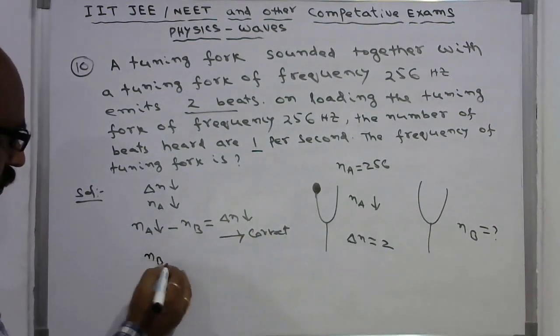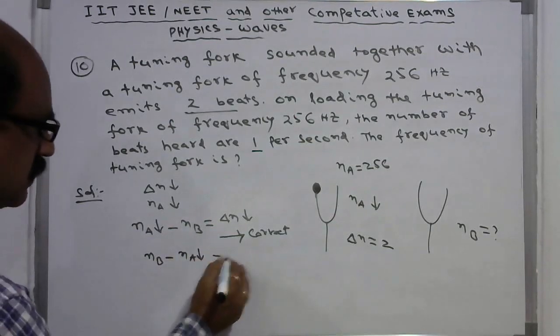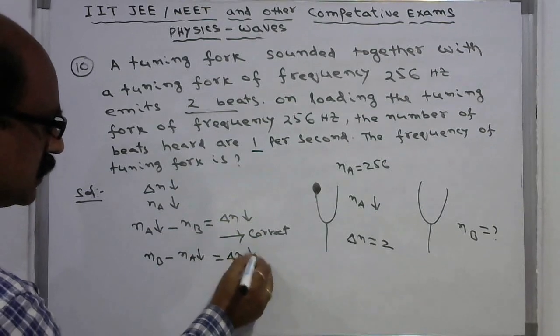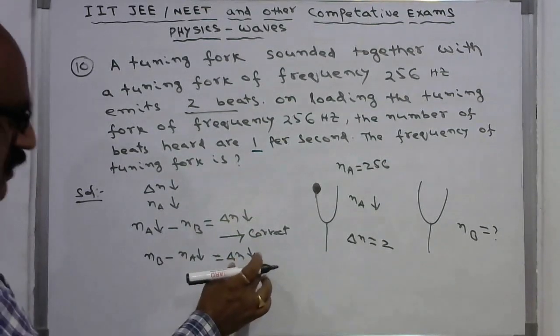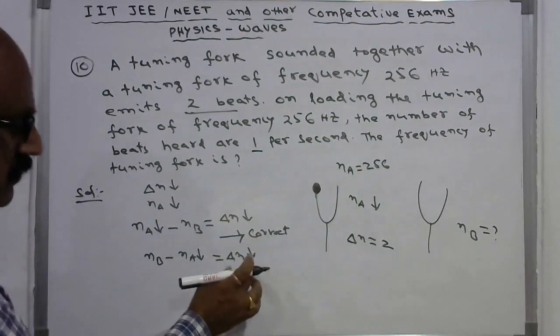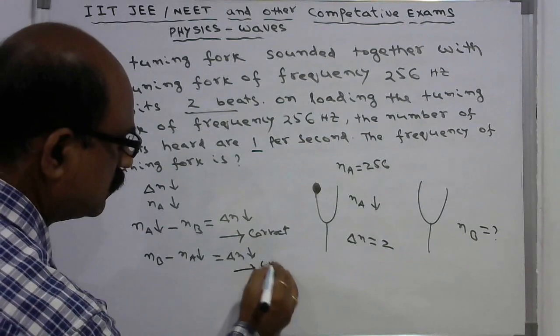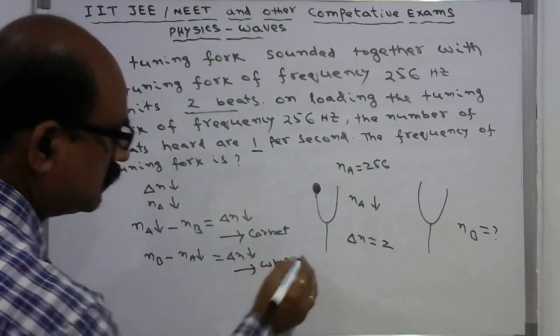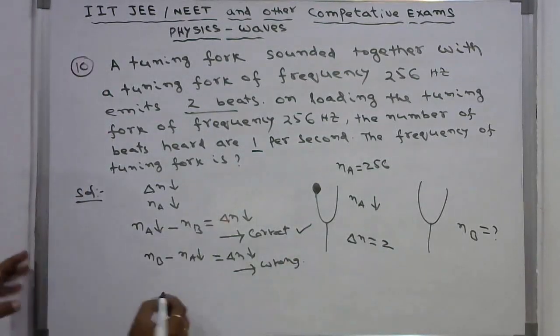but this is not possible: NB minus NA is equal to delta N. So minus NA decreased is not possible to form delta N decreased. So I write this is wrong. So we have to take this equation into consideration. Then what is the frequency of NB now?